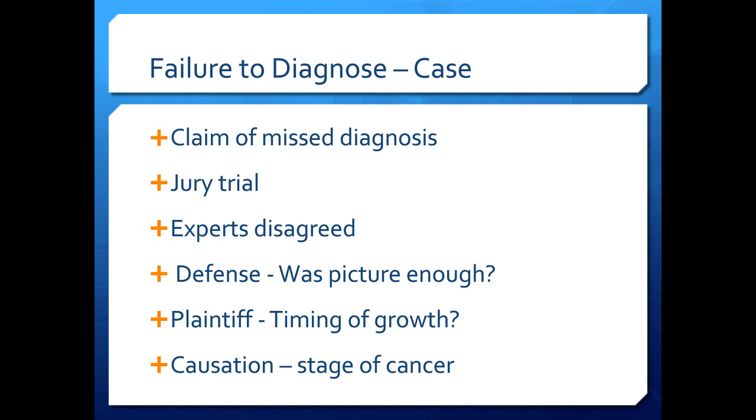The plaintiff argued that, listen, to go from polyp to cancer, and this actually turned out to be a stage 3 cancer, she had positive lymph nodes. So what did I harp on in the beginning of this talk? It takes 5 to 10 years to grow. It's very slow growing. The plaintiff argued, well, wait a second. 2 years ago, it's a normal colonoscopy, and now you have stage 3 rectal cancer?